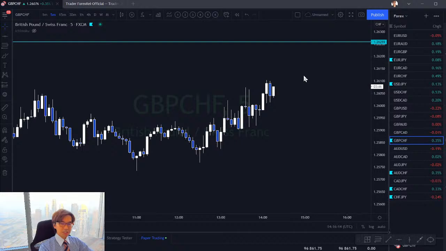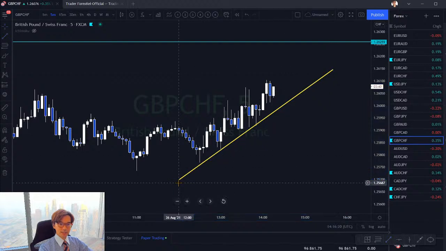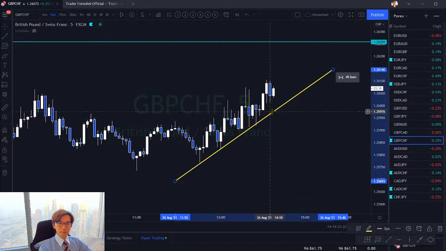And also, you can draw the trend line like this way and expect the market to bounce off that level and continuously go up in this direction. So in that sense, I think this one is also good to be in, the pound Swiss franc pair.